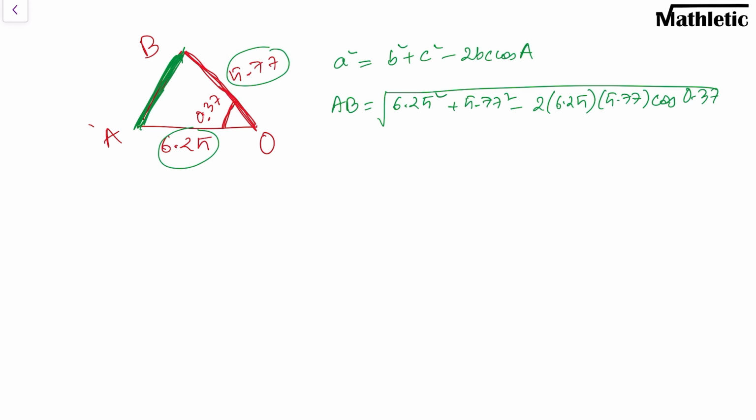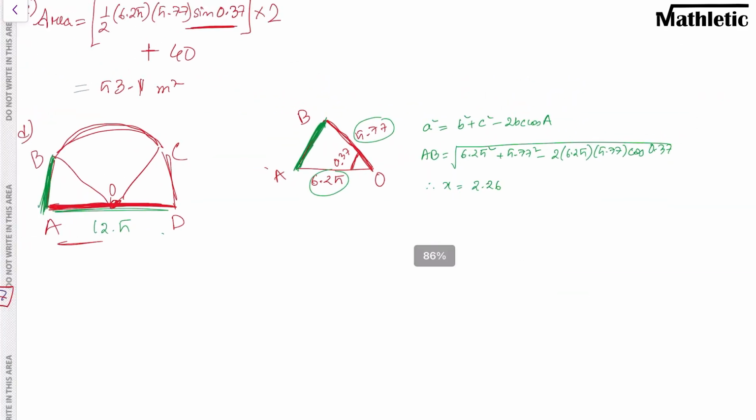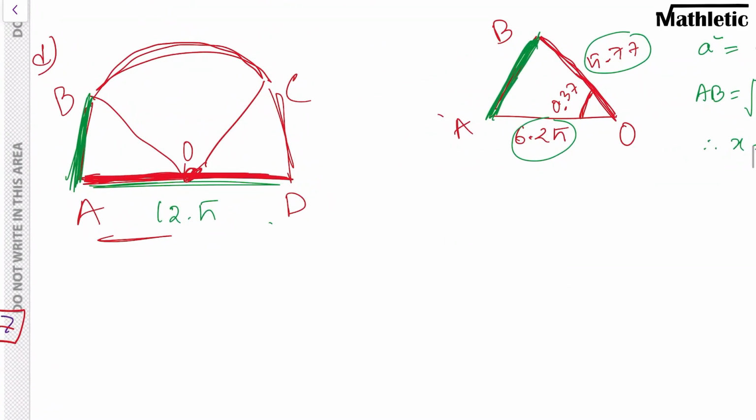So from the calculator this will be 2.26. So this AB is 2.26, CD is also 2.26 because these two triangles are identical.